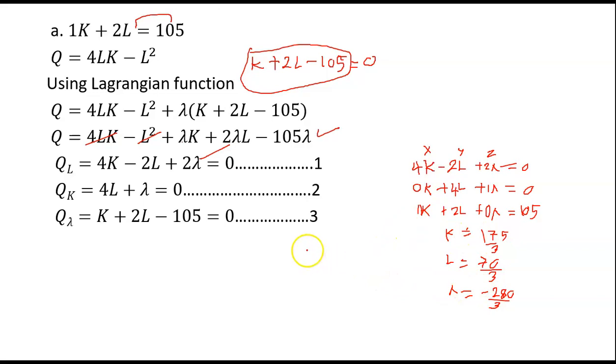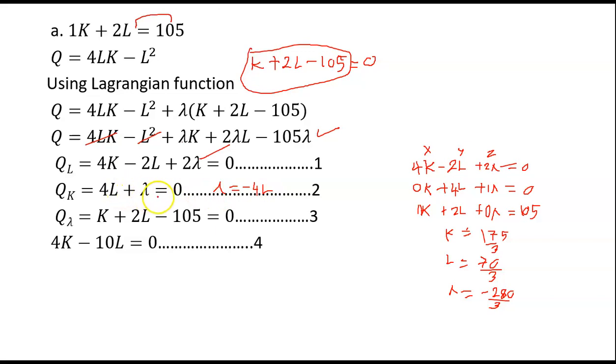But if you are not using a calculator, you can go straight to create equation 4. And how did I create this equation 4? I made lambda the subject from equation 2, by lambda is equal to -4L. Are you with me?